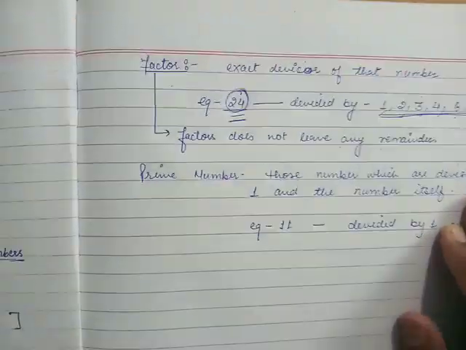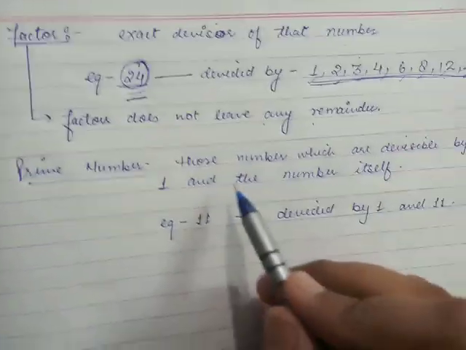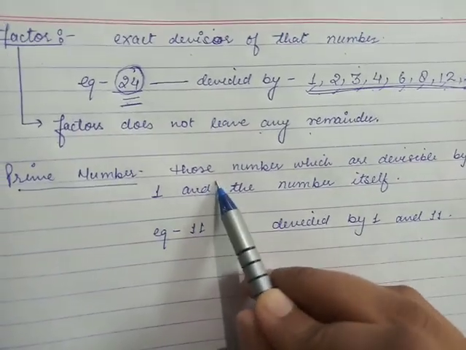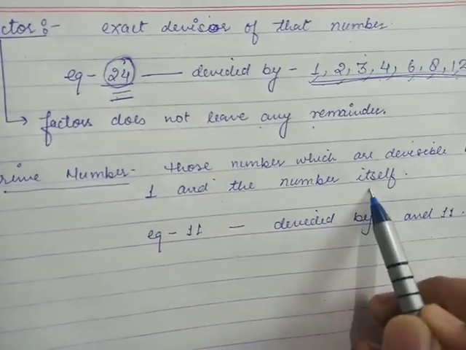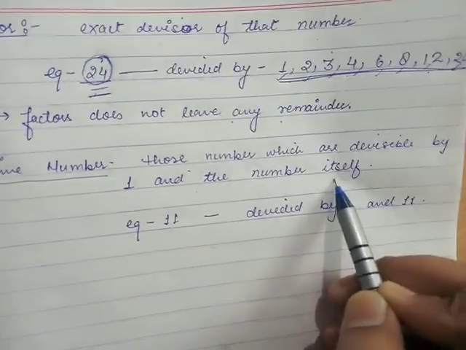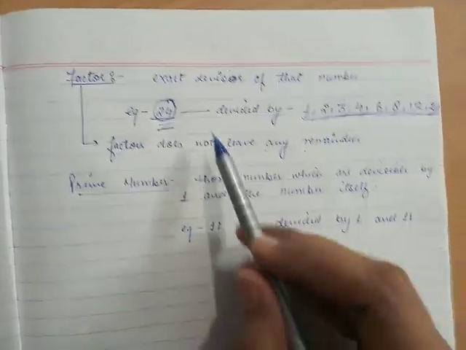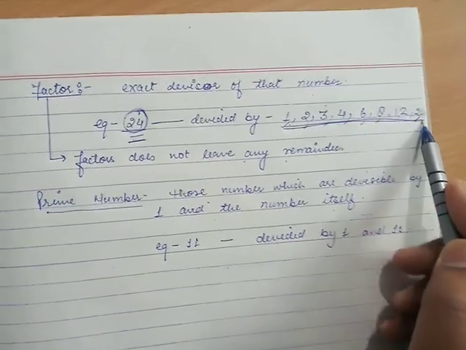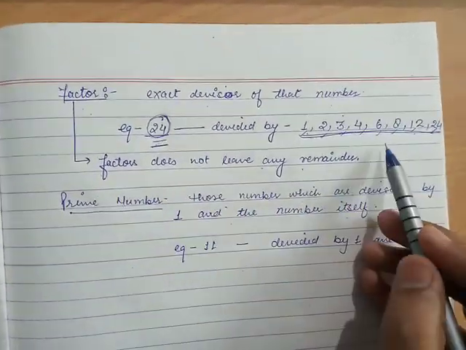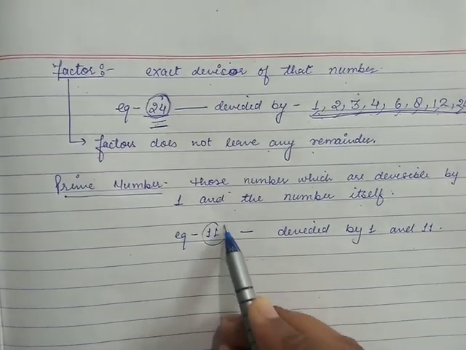Now we will see what a prime number is. Prime numbers are those numbers which are divisible by 1 and the number itself. You can see that 24 has 8 factors, whereas here this is 11.